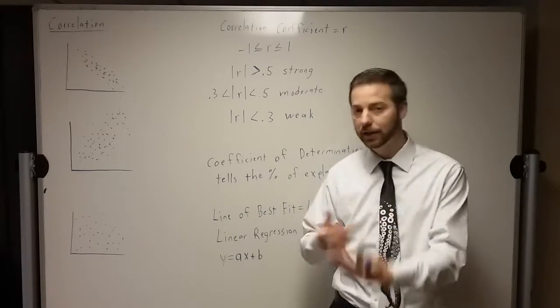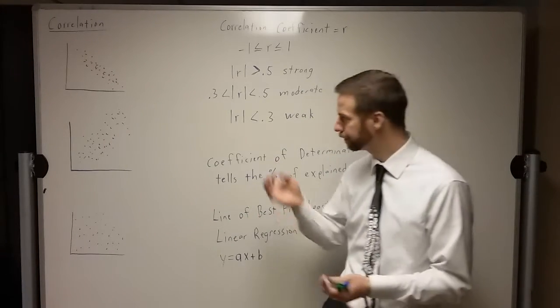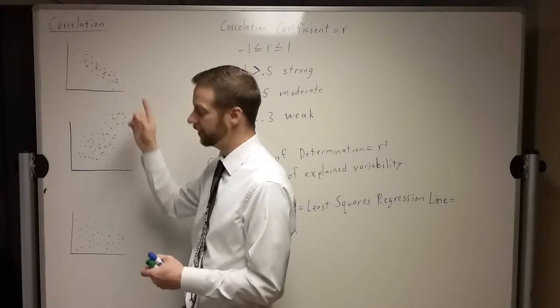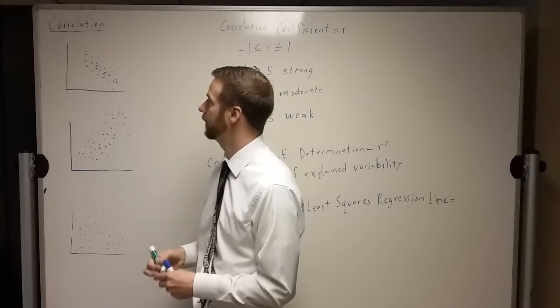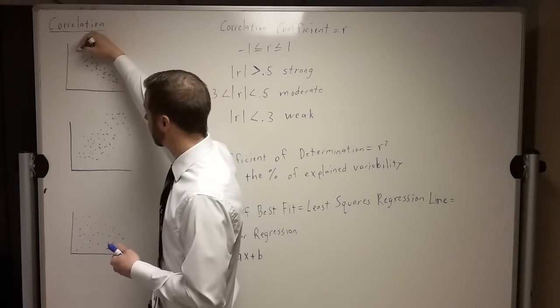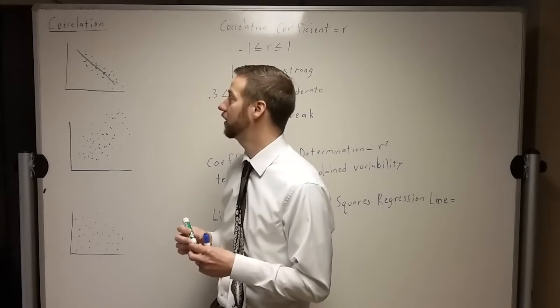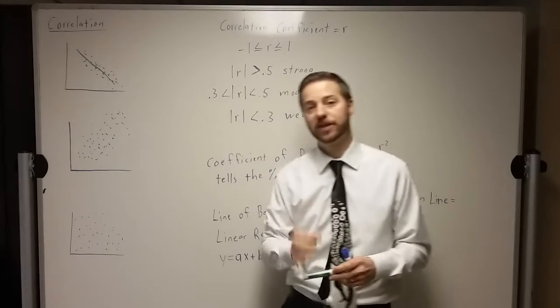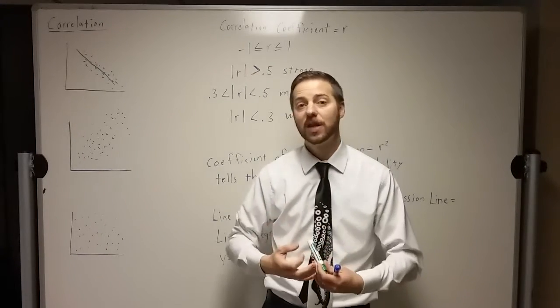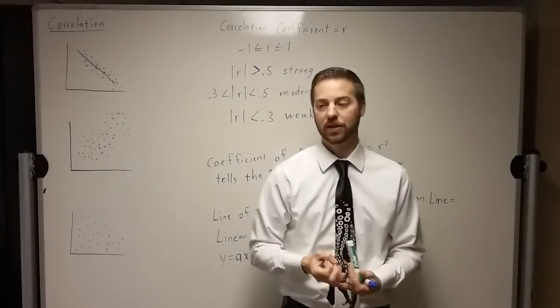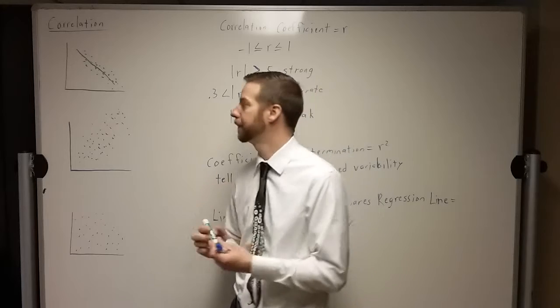There are nonlinear relationships between data as well. But if we look at this set right here, do you notice the best thing that I could make to fit this data would be a line going through approximately right there. Since a line going through right about there is the best thing to fit this data, these are two sets of things that are linearly correlated. They're related to each other by a line.